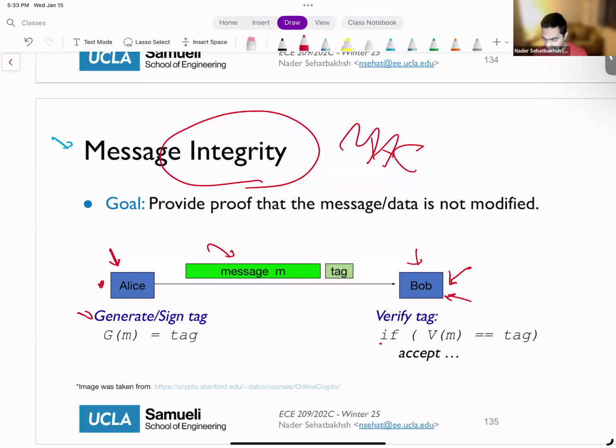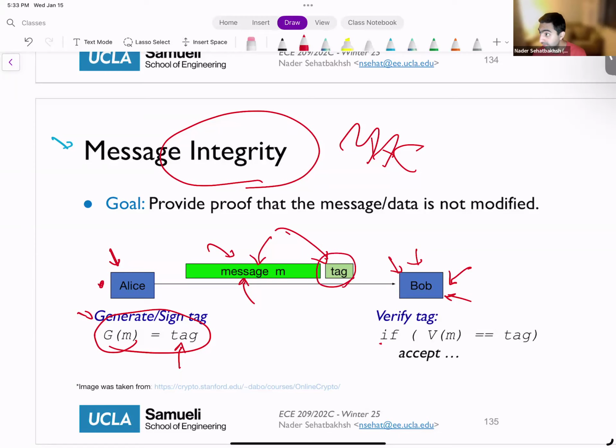The underlying idea of a MAC is that once Alice sends a message, she also computes a tag. She uses a generation or sign function, G of M, which creates the tag. Then she sends not only the message but also the tag. On Bob's side, Bob first checks the tag.